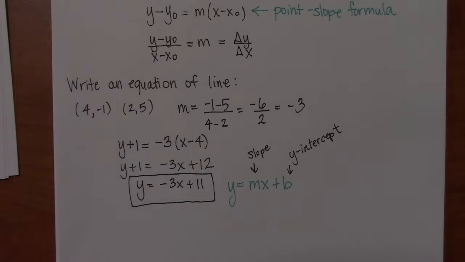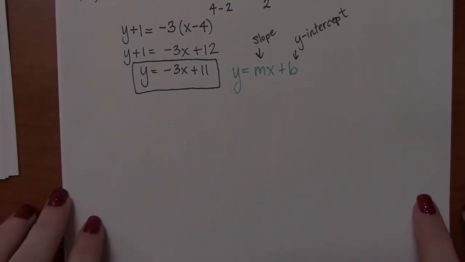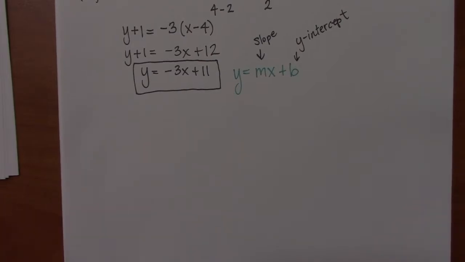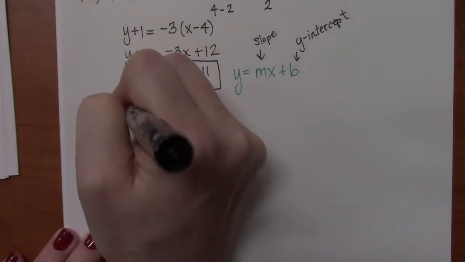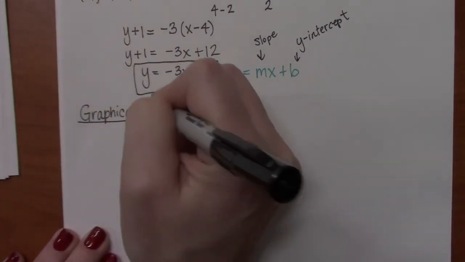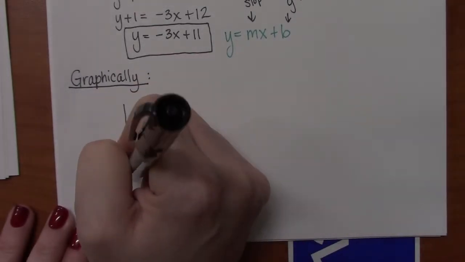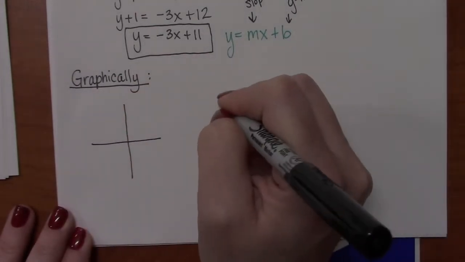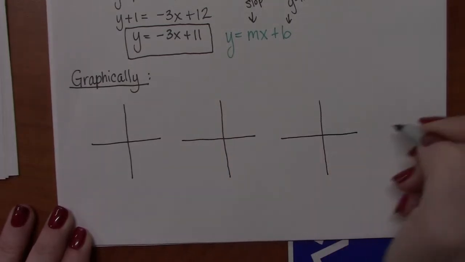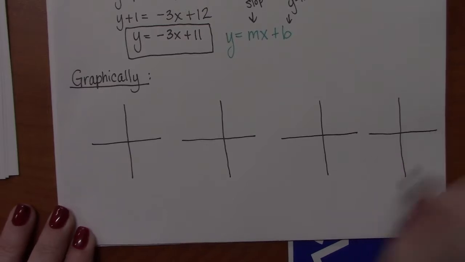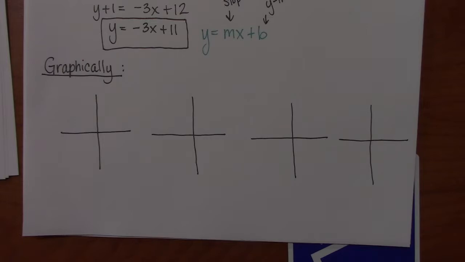All right. So graphically, you want to be able to figure out what's going on with lines. And there are 4 types of lines we could have. Okay, so we're going to look at 4 different types of lines.